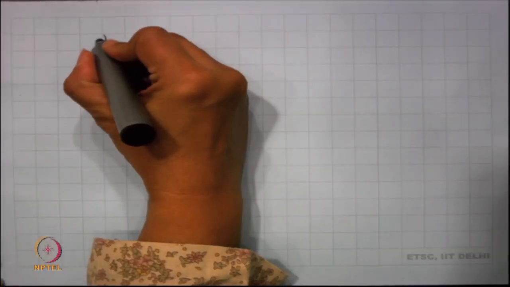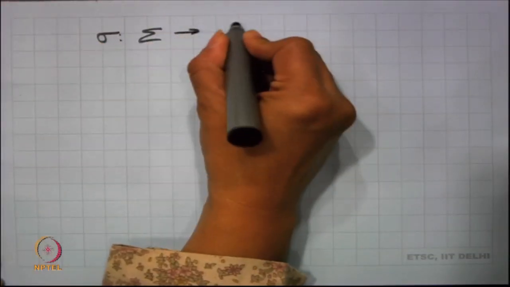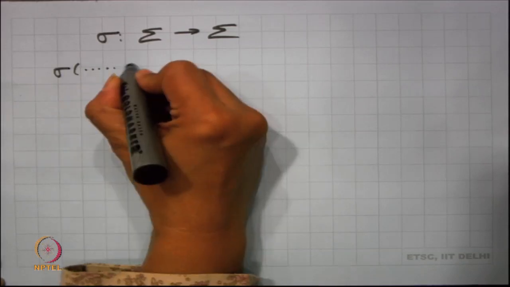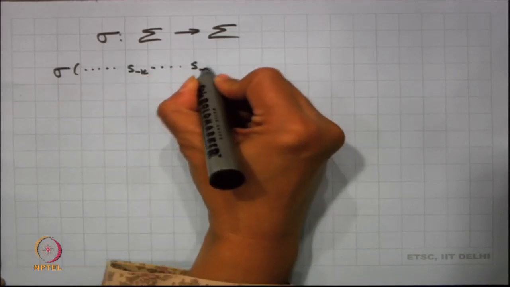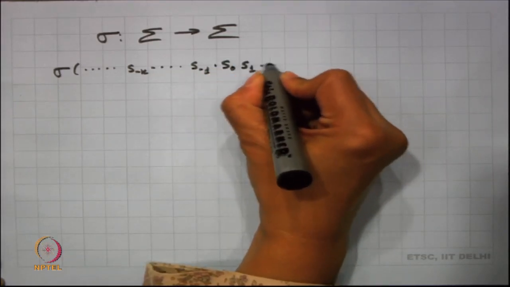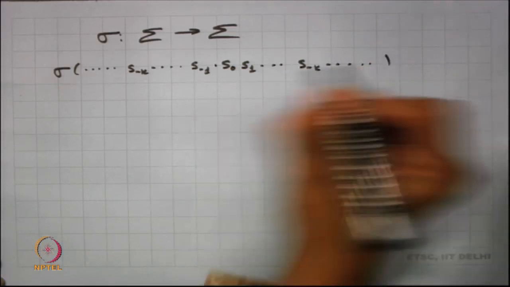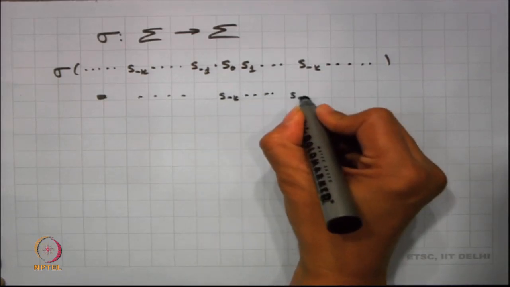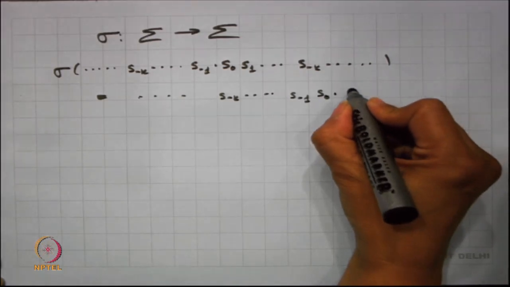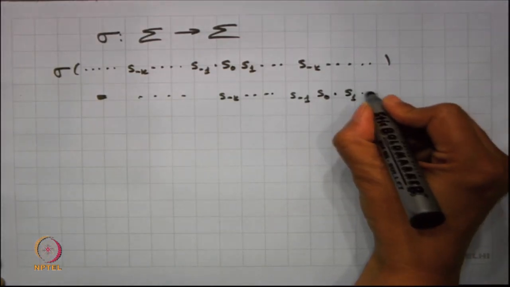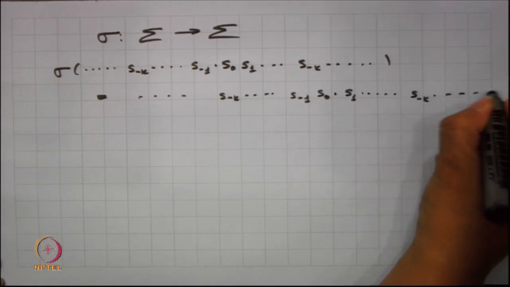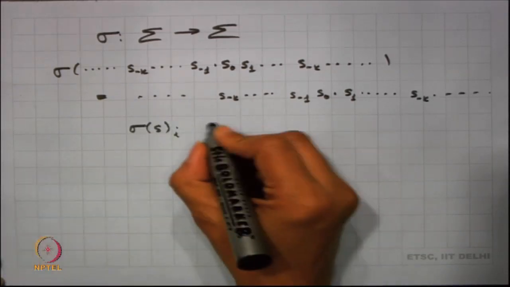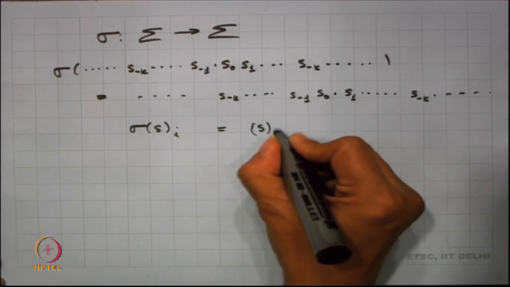It is a map from capital sigma to sigma, where you are shifting all the symbols one place, that is, sigma of S at i is equal to S at i plus 1.